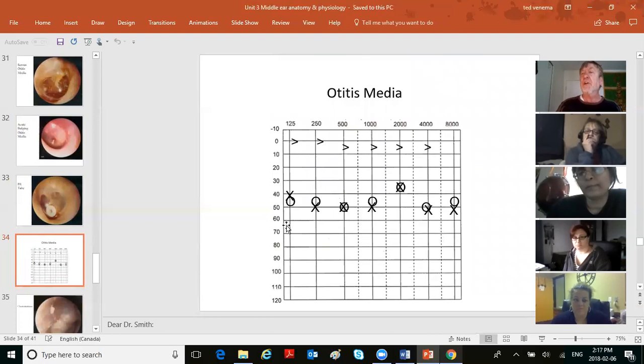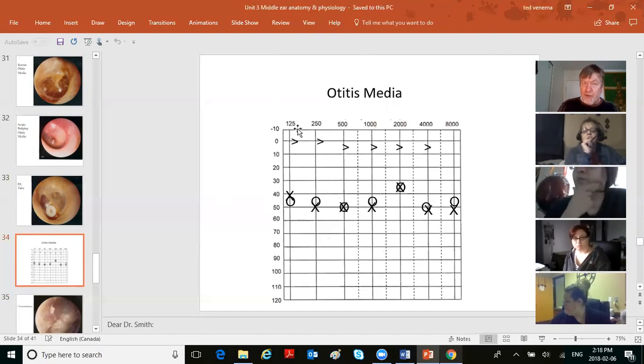So here's a hearing loss often seen in otitis media. And I'm just giving you a heads up. This is a preview. You're going to learn about this in audiometry in 130. You're also going to see this in hearing disorders this summer, 125, okay? But here, the O's are the right ear, and the X's are the left ear. Now, if you're looking across here, this is frequency.